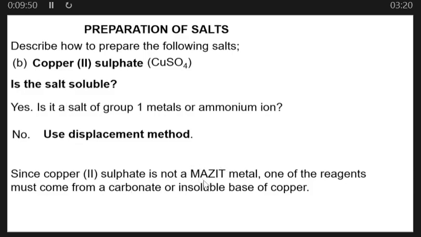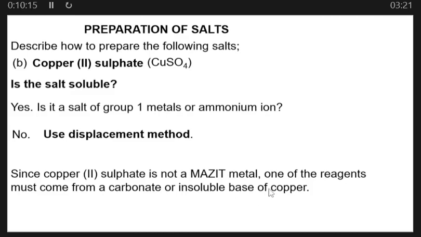M for magnesium, A for aluminium, Z for zinc, I for iron, then T for tin. So since it does not reside among these, it is an unreactive metal. So then it should be prepared from a copper carbonate or a copper base.